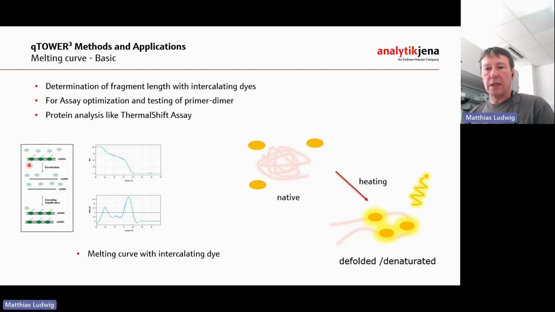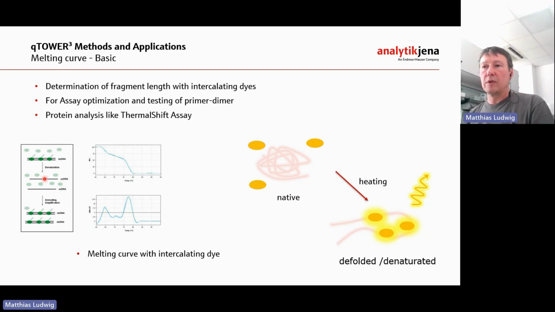They are double-stranded DNA, and when you start with the melting curve, we heat. We increase the temperature in the sample from cycle to cycle, and when the fragment is denatured, the intercalating dye is no longer inside the double-stranded DNA, and the fluorescent signal decreases, because you only get a fluorescent signal if the intercalating dye is bound inside the double-stranded DNA.